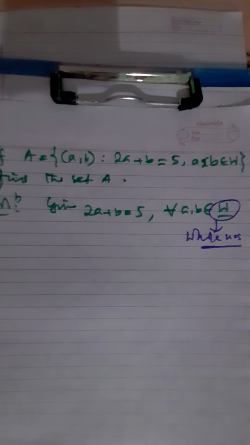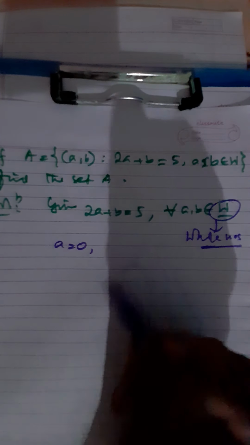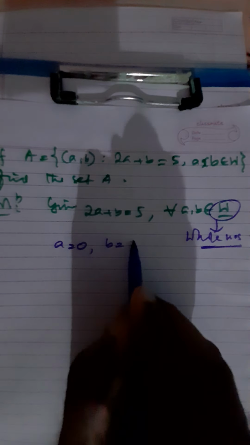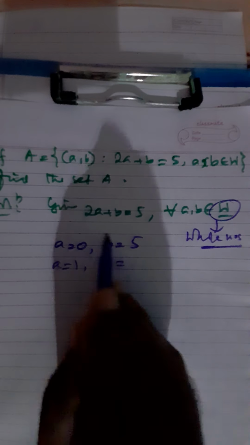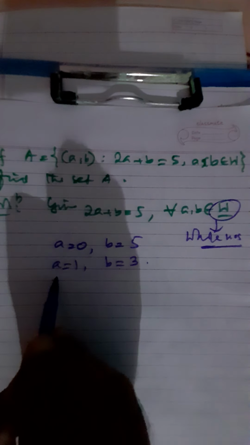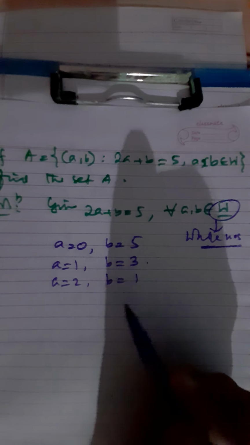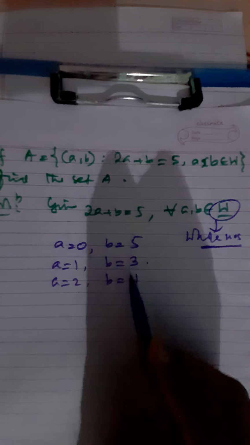Okay. Now if a is equal to 0, whole numbers start from 0. If you put a is equal to 0, b is equal to what? b is equal to 5. If a is equal to 1, b is equal to 3. If a is equal to 2, b is equal to 1. So the values of b are decreasing as the values of a increase.